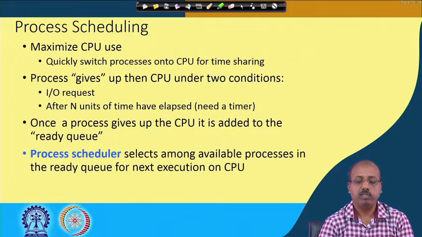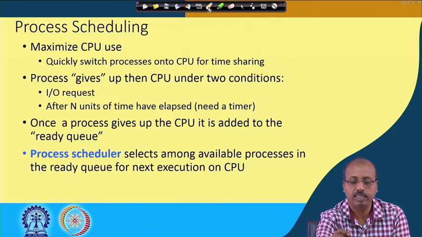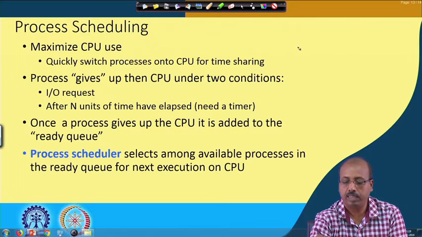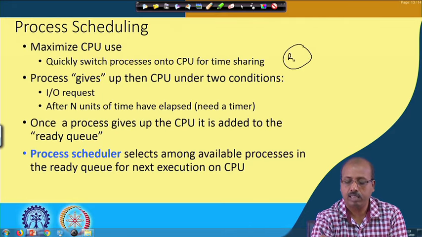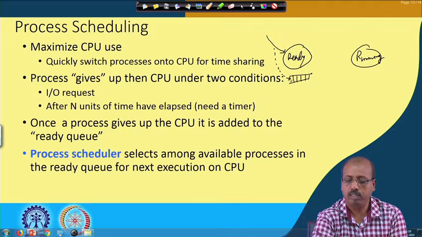But anyway, the process will be put into a queue again. And the process scheduler has to select among the available processes in the ready queue for next execution. You can ideally see it like this. If this is the ready state, and this is the running state, there is a queue associated with the ready state. Any process joining the ready state actually joins this queue.